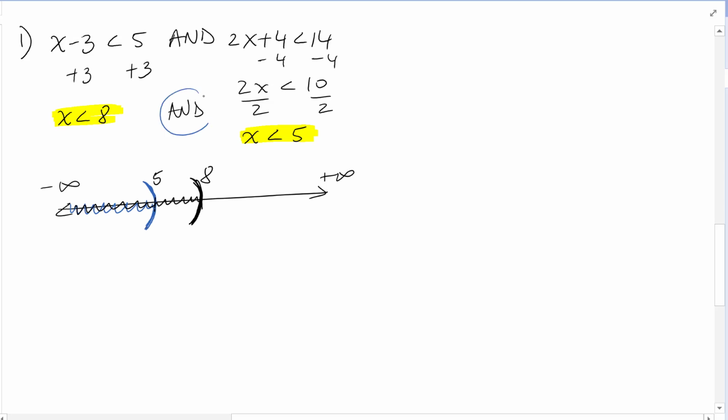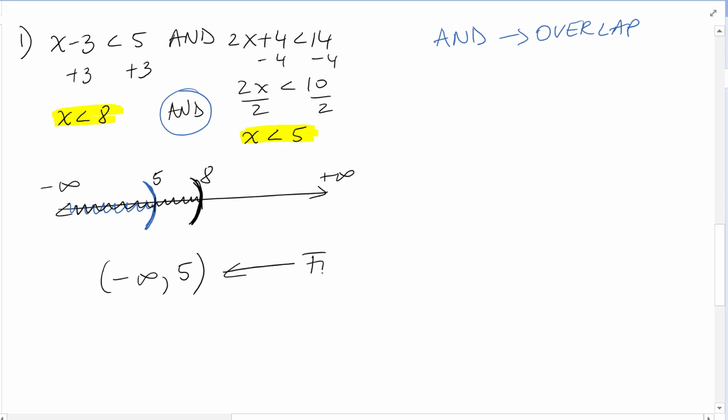Because they use the word and, we are looking for overlap. So where x is less than 8 and less than 5, if we look at where the black and blue overlap, it is between negative infinity and 5. And this is the final answer in interval notation.